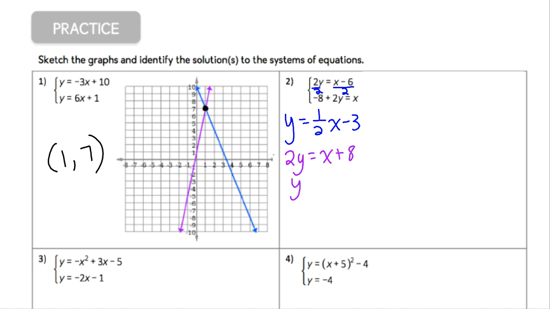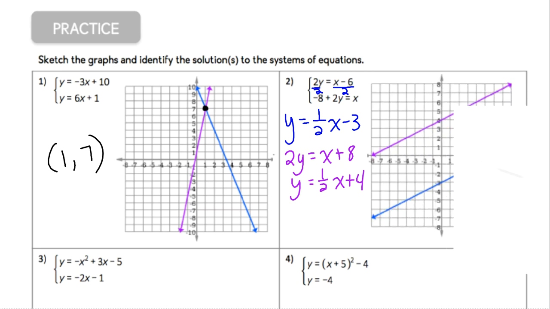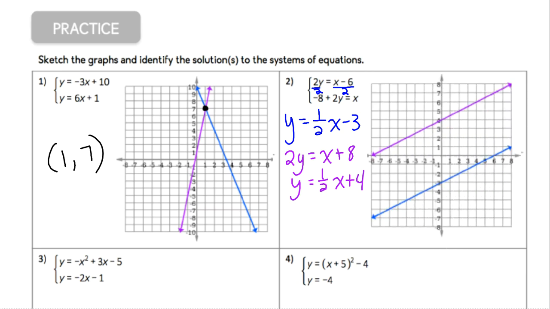And then dividing by 2, I would get 1/2 x plus 4. When I graph those two, I get a graph that looks like this. We can tell from both the equations and the graph that those two lines are parallel to each other. They have the same slope, and I can see that in the graph. And when two lines are parallel, they never intersect, so we say there is no solution.